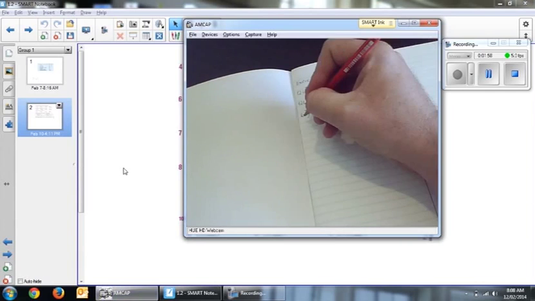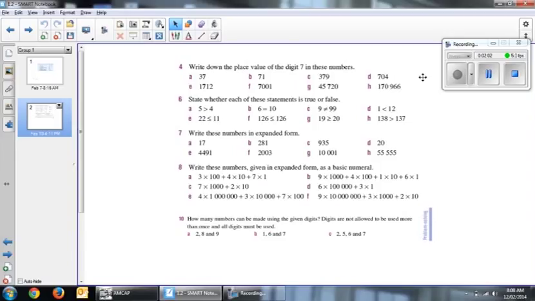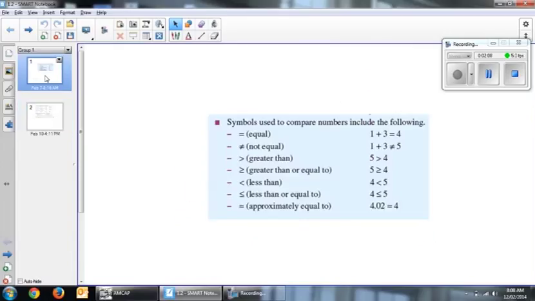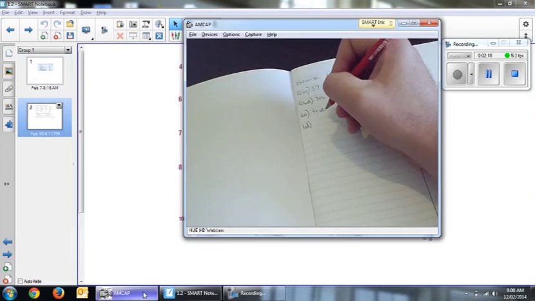Let's have a look at 6D now. 6D is going the other way. If you need to check that, you can go back to your key ideas, and that means less than. So in this instance, it's saying 1 is less than 12. Well, that is also true.